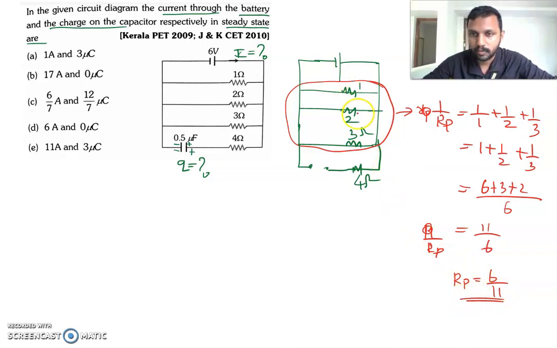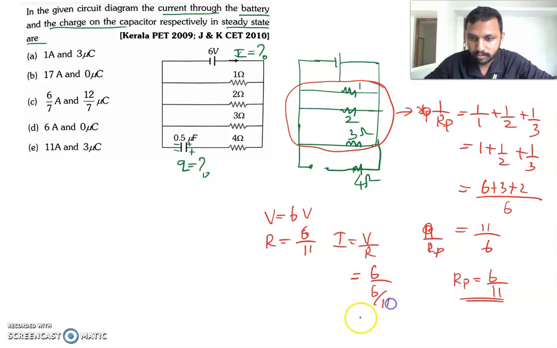We are getting the equivalent resistance, and since we know the voltage is 6 volt and resistance is 6 by 11, then current I is equal to V by R, that is 6 divided by 6 by 11. The 6 and 6 will get cancelled, leaving 11.